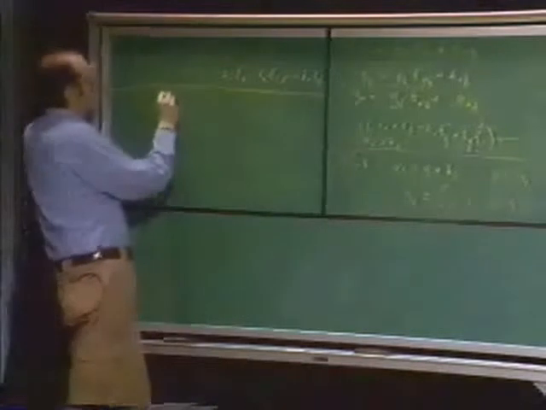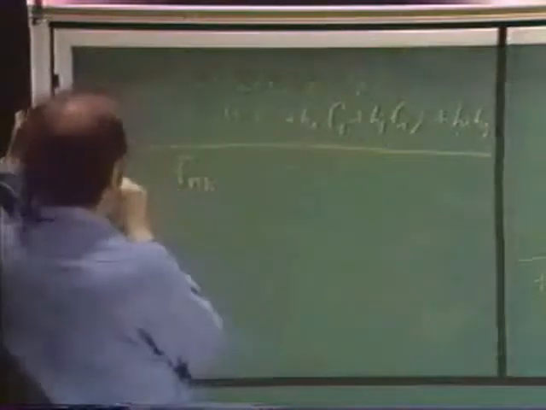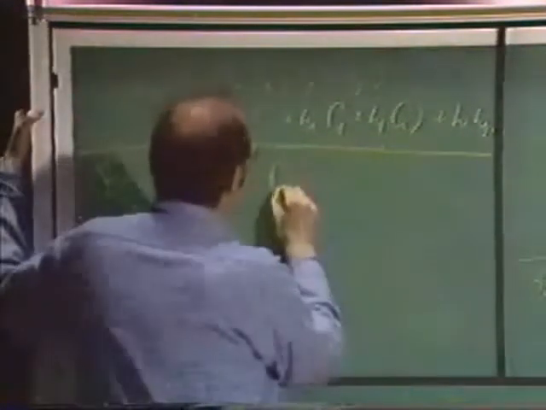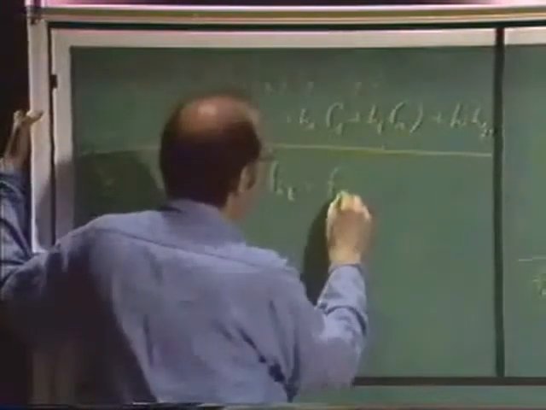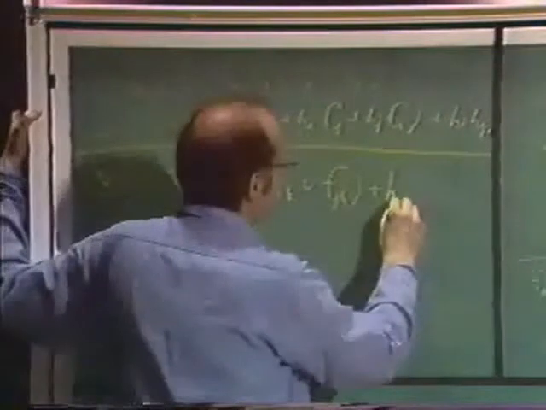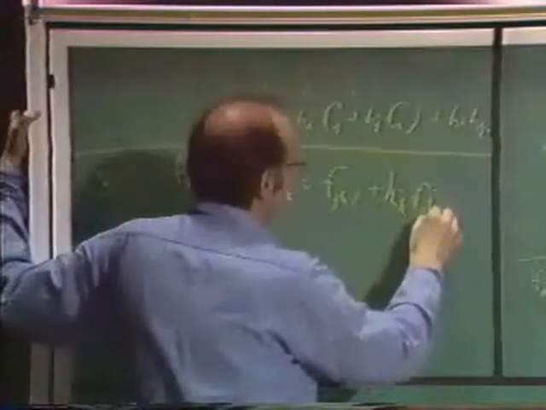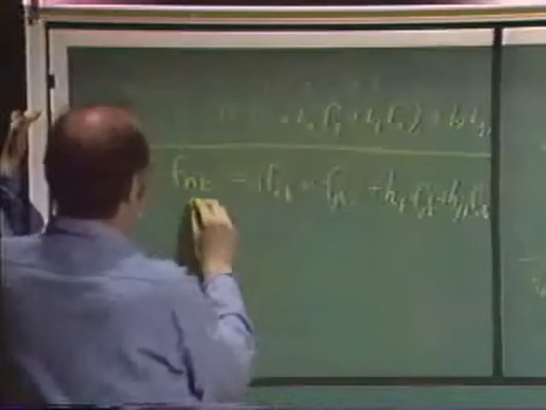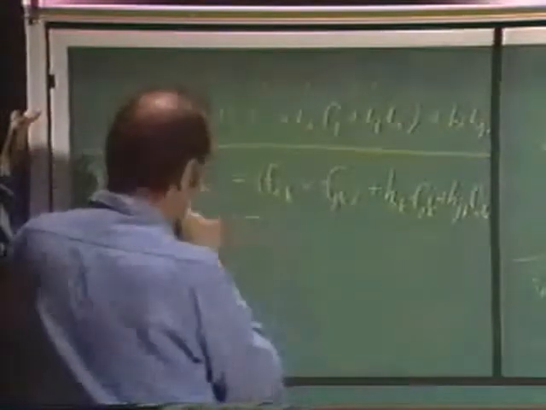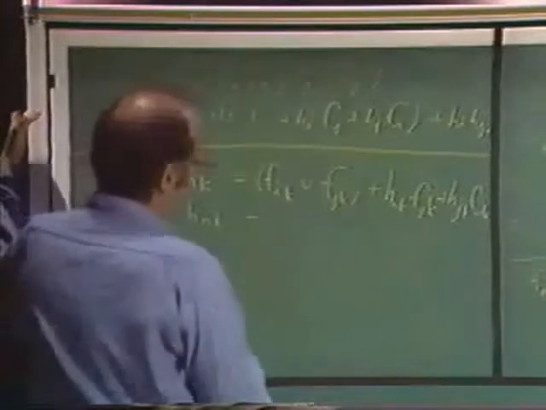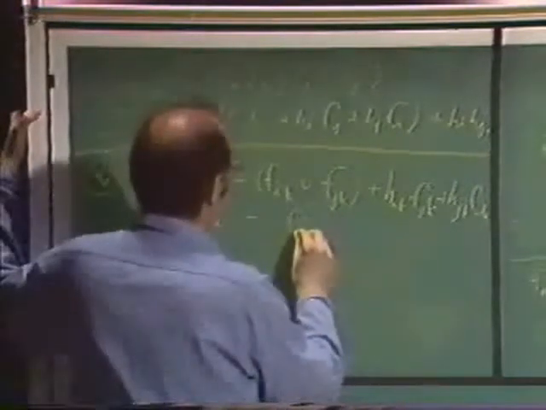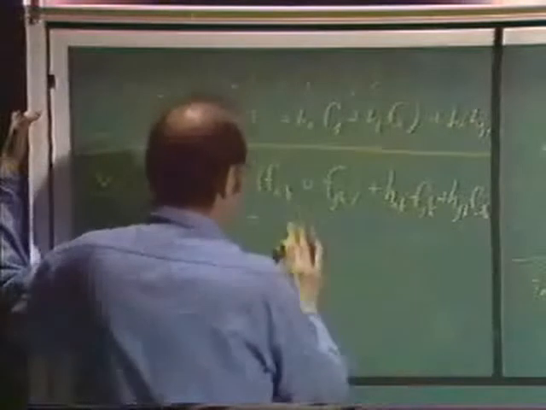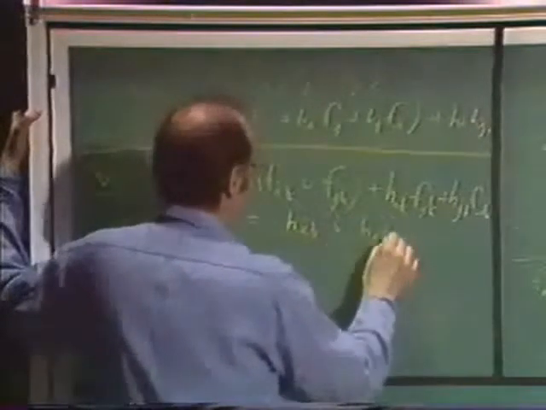Let's see, namely F_nk. When we have an OR gate, F_nk was equal to F_ik F_jk plus H_ik F_jk plus H_jk F_ik. And then on the case n, the H_nk was equal to H_ik or H_jk.